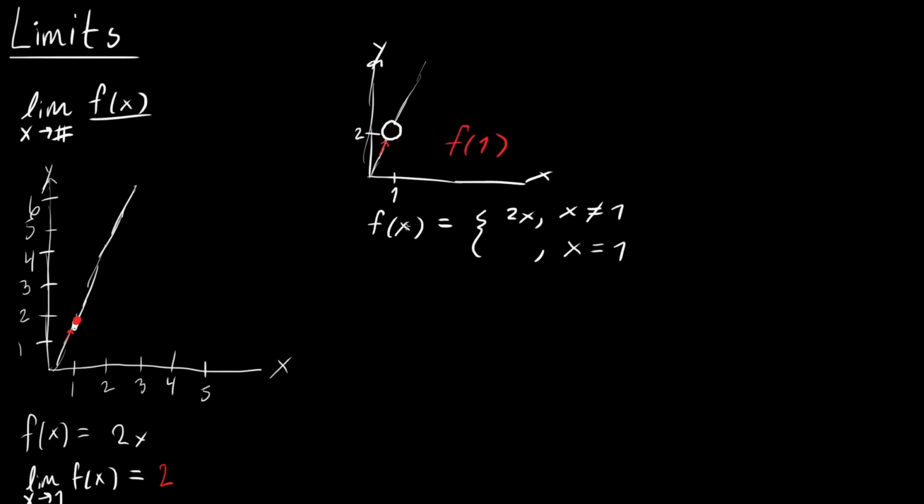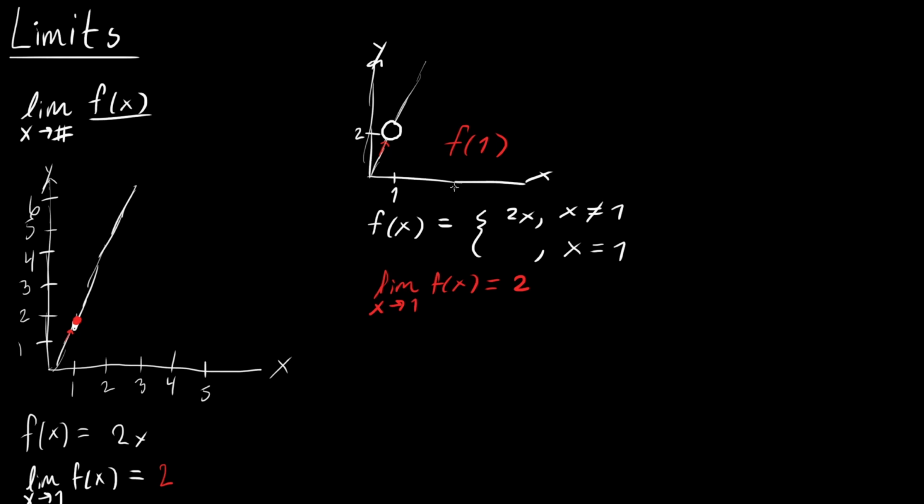We just put x equal to 1, and of course there's nothing there, so it doesn't exist. But for the limit, it's a different switch in mentality. So in this case, the limit as x approaches 1 of f of x will actually just be 2 again. So there's nothing that actually changed.